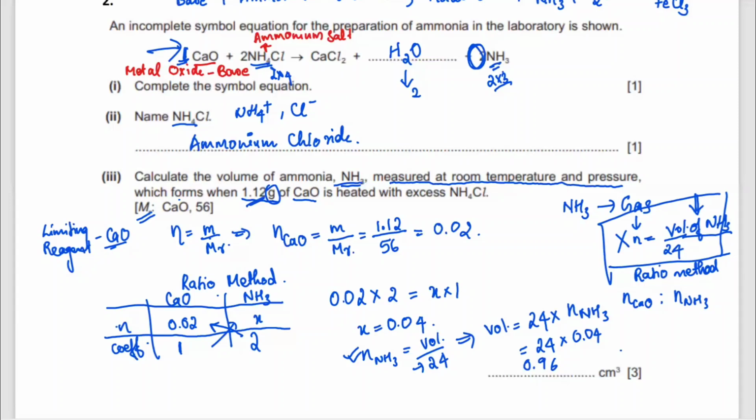The coefficient over here is nothing but the number that you see next to the given compound in the balanced chemical equation. Once we find the number of moles of ammonia, we use the formula n equals volume by 24 to find the volume of gas, and we got it to be 0.96.